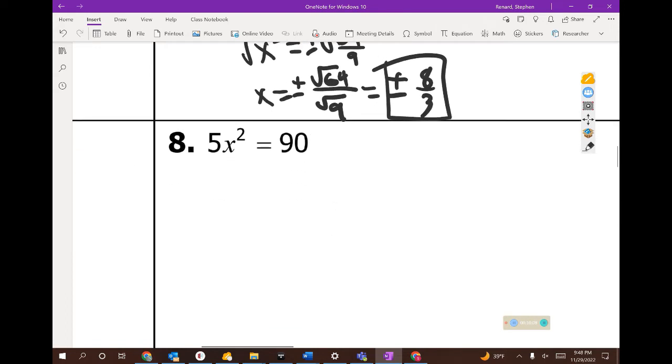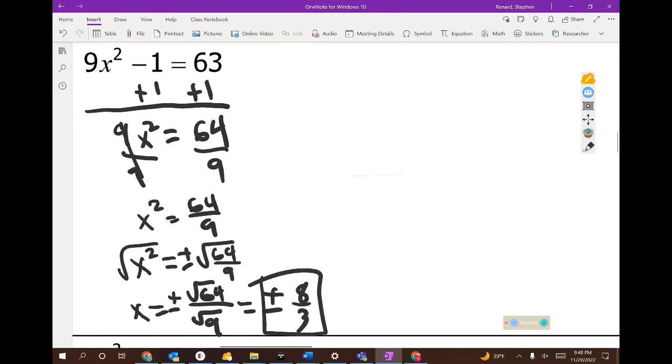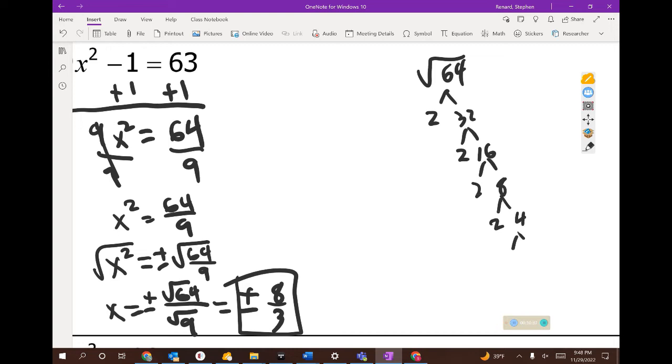I'm just going to show you how to do 64 the long way. I won't do 9. We've already done 9. But if I have 64 here, that just gives me a whole bunch of 2s. Six to be precise.